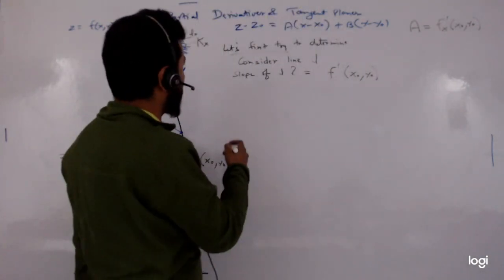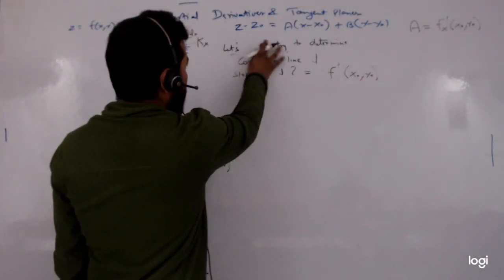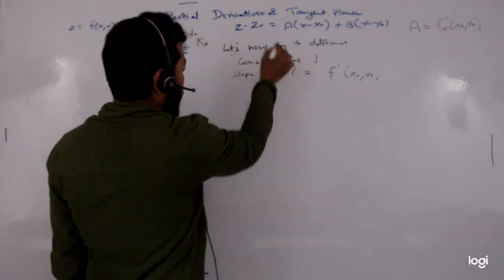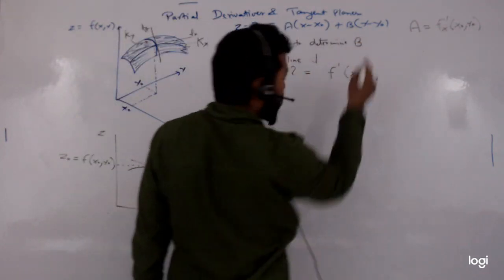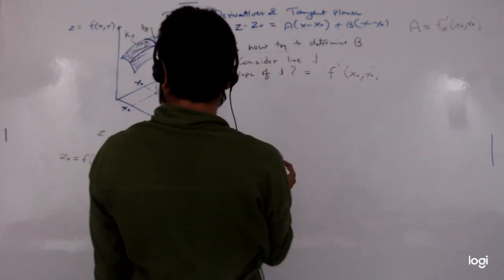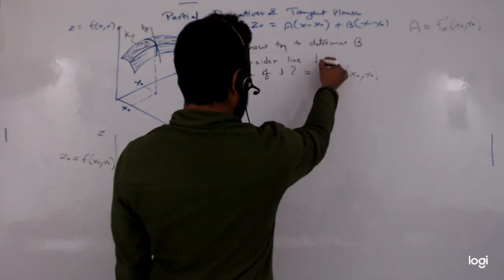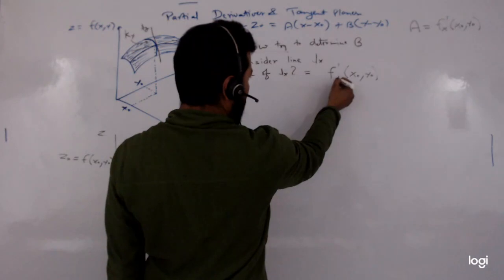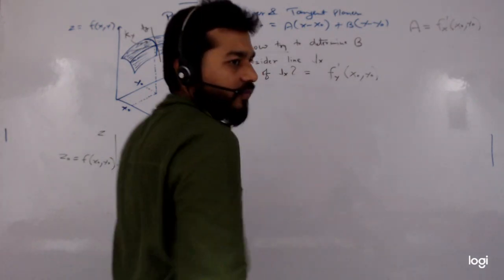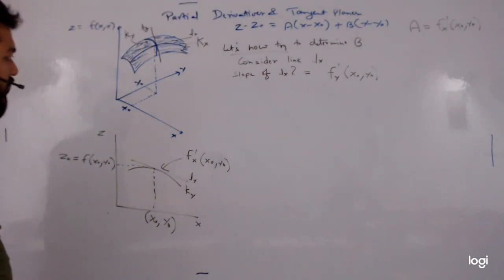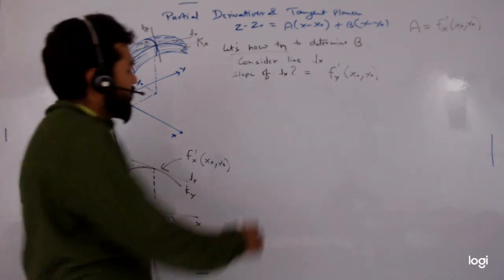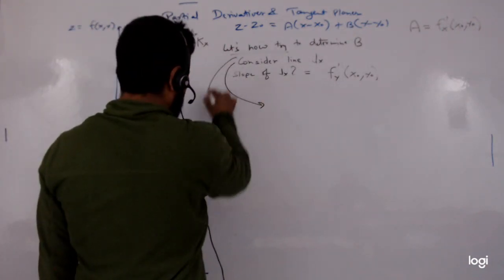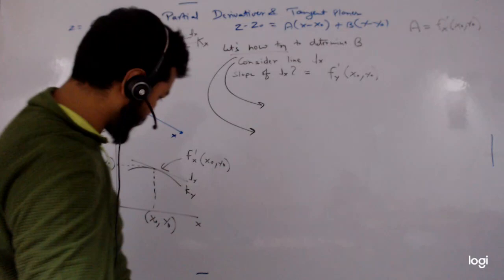So now let's try to determine b. What would we consider? We would consider L of x, and what's the slope of L of x? This is f prime of y at x naught y naught. And what are the features about this?